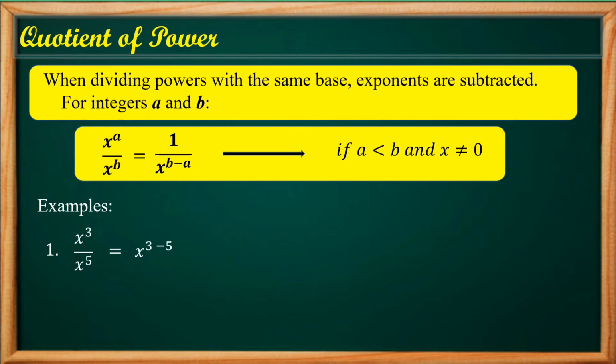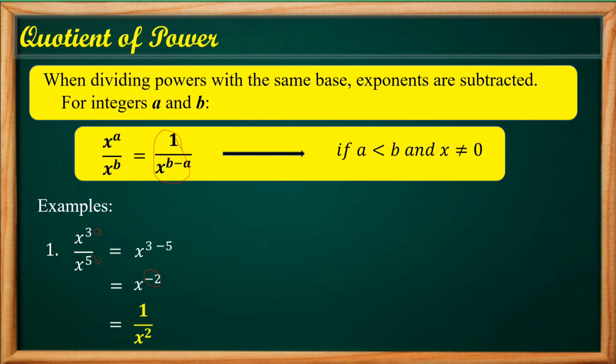Since 3 minus 5 is negative 2, this is what we are saying: if we have here our a, then this would be our b, b is bigger compared to a. Then what happens is our exponent becomes negative. Since the exponent becomes negative, we will apply this one. It becomes now 1 over x squared.